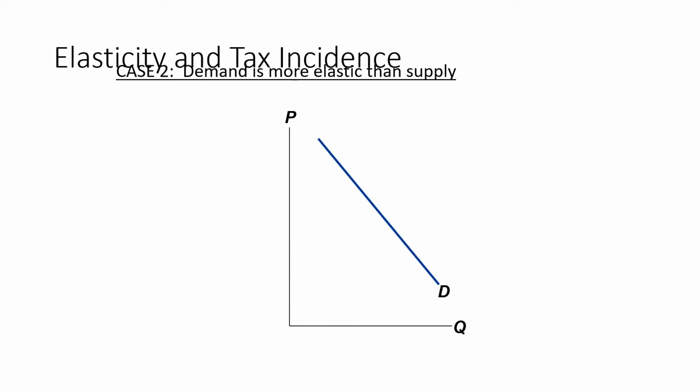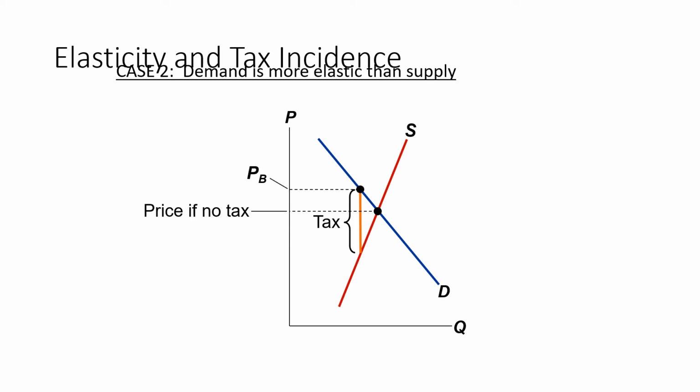This is our second case. Now the demand is more elastic and the supply curve is inelastic. So what will happen when the demand curve is more elastic and supply is inelastic? This will be our equilibrium price, and this will be the tax wedge. How will the tax burden be shared? In this scenario, we see that PB and PS, now the suppliers are paying more tax as compared to the buyers.